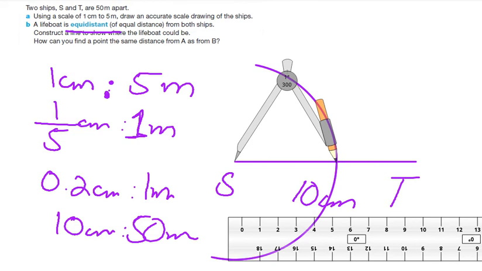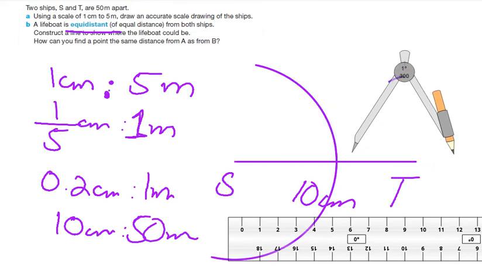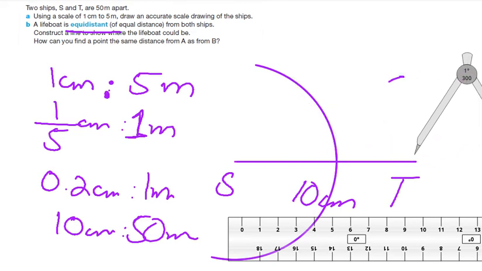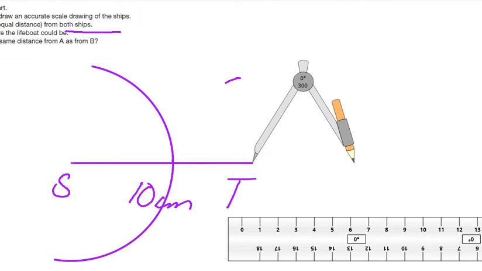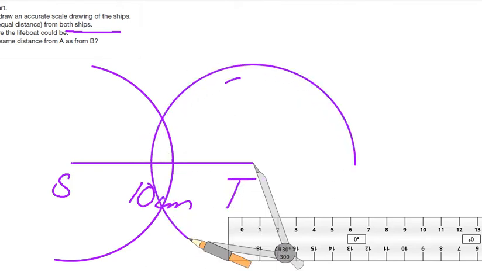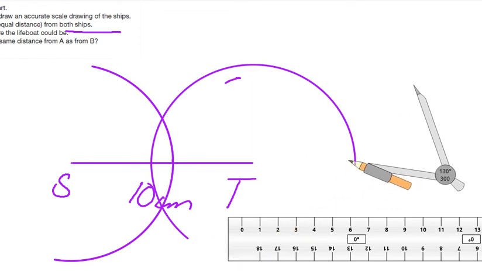So again, from this end, we removed that scaling part, and now we have got our arc. We're drawing our arc from this end, yeah, like this.